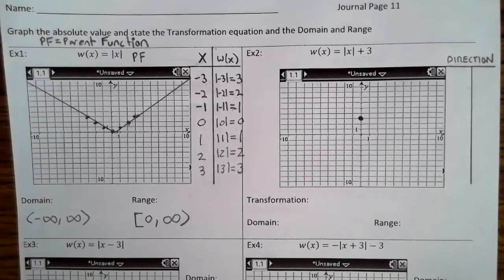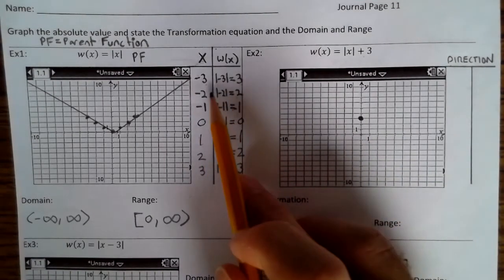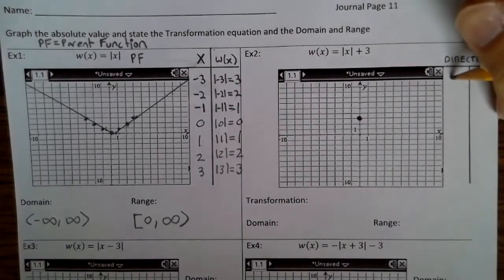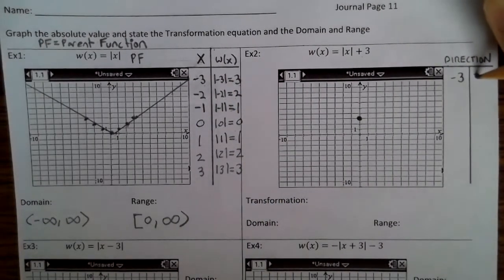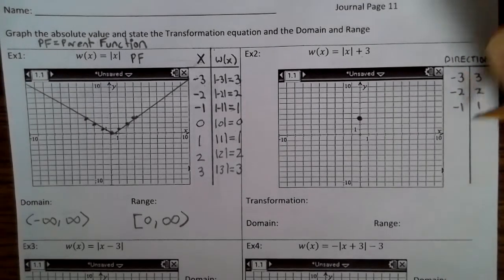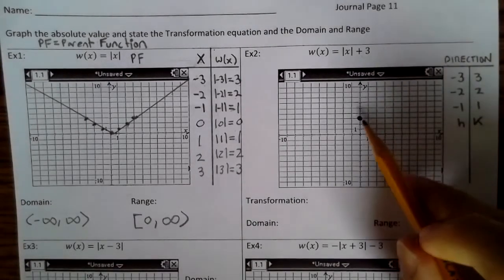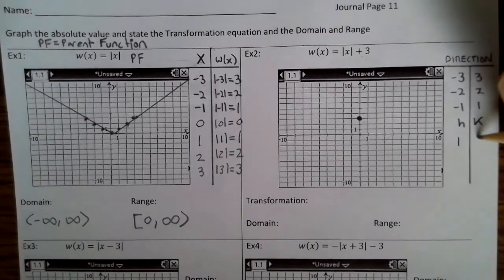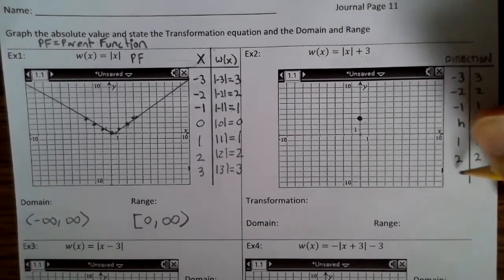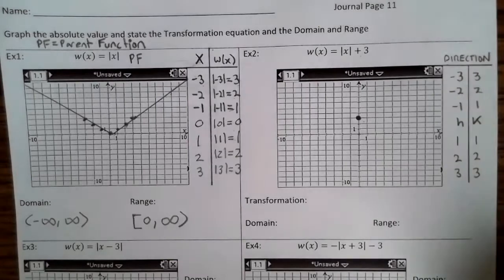But in order to make the shape, we know we're going to go left 3, up 3, left 2, up 2. So our directions are (-3, 3), (-2, 2), (-1, 1), and (h, k) is our new vertex, then (1, 1), (2, 2), (3, 3).